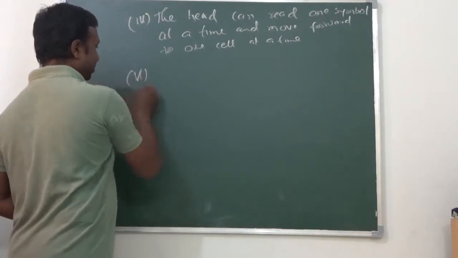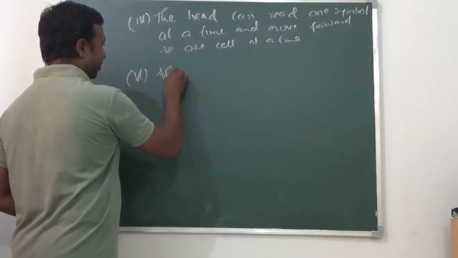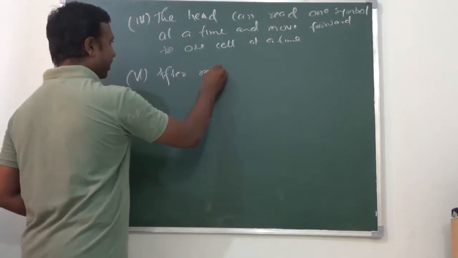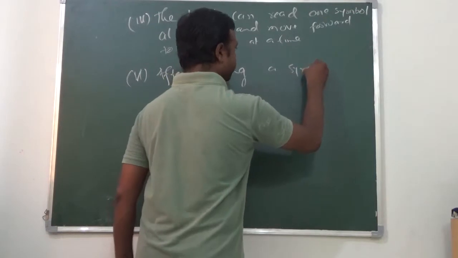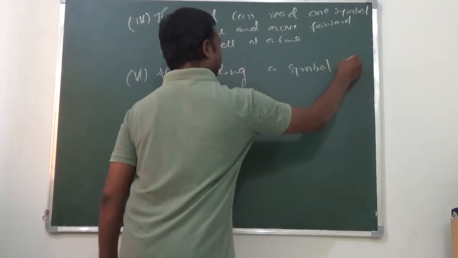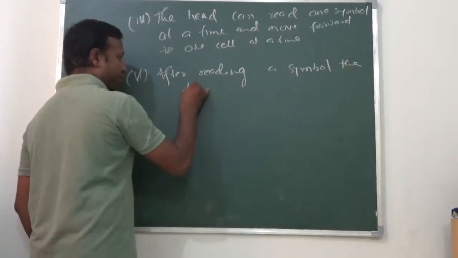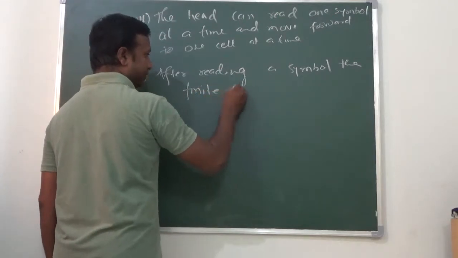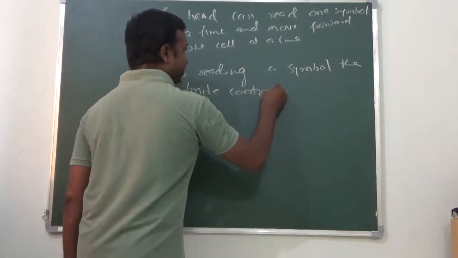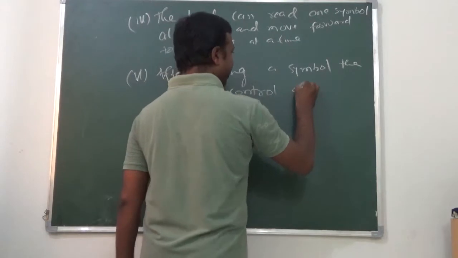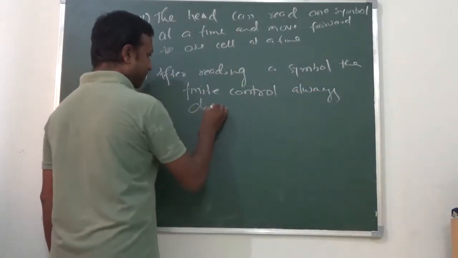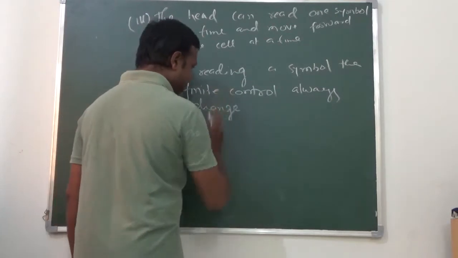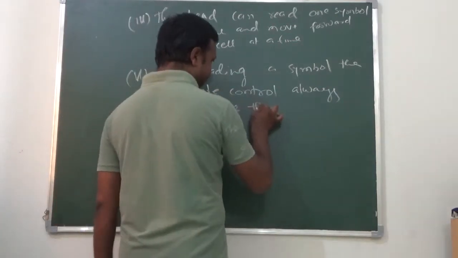Fifth point, after reading a symbol, the finite control always change the state.